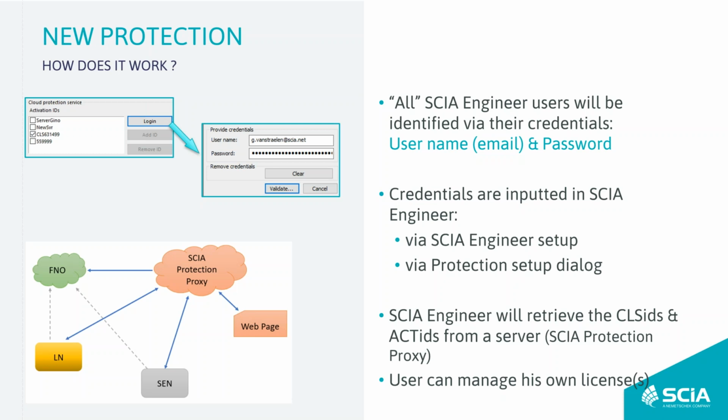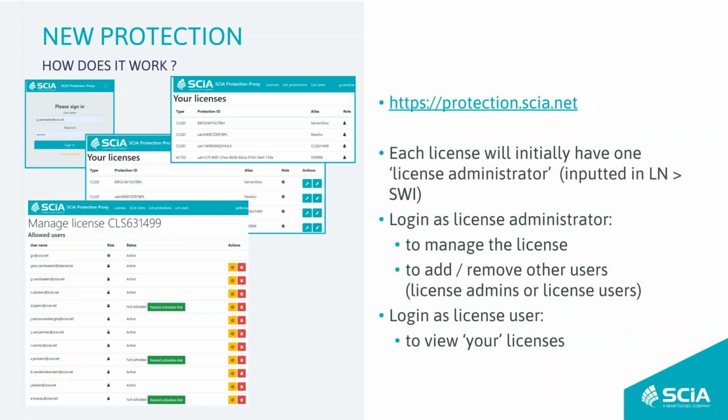The user can manage his own license. That is done, or will be done, through the web page mentioned on the screen. Each license will initially have one license administrator, and after the login, the administrator can invite other users to use the license of SCIA Engineer, or remove users.